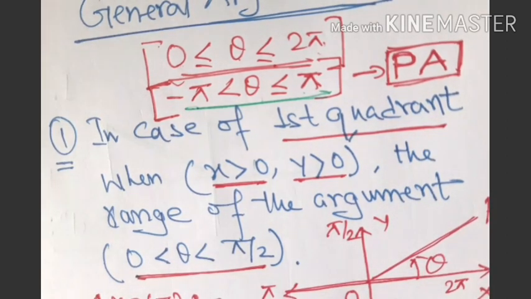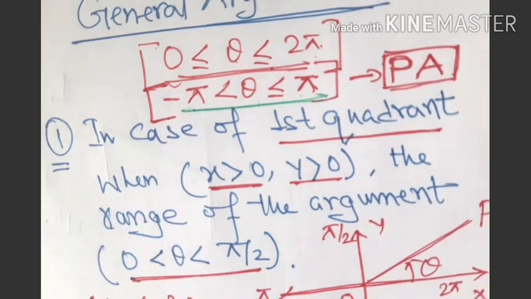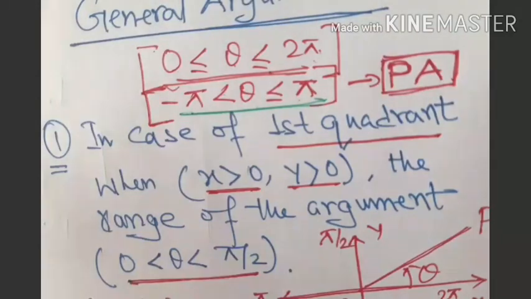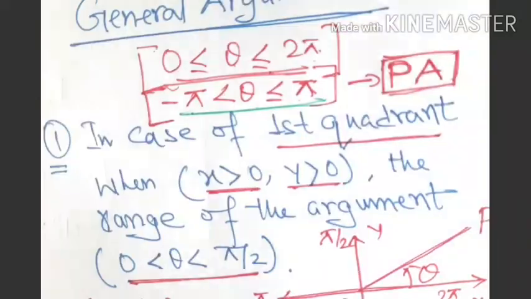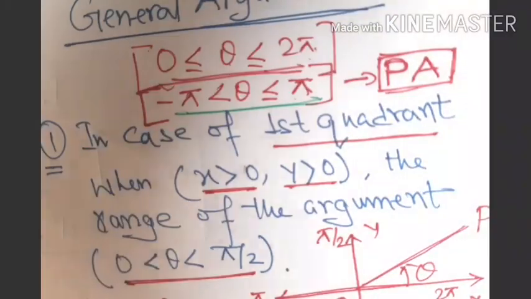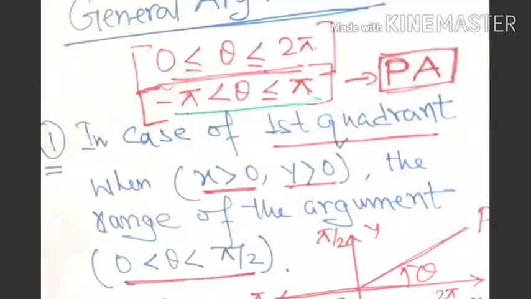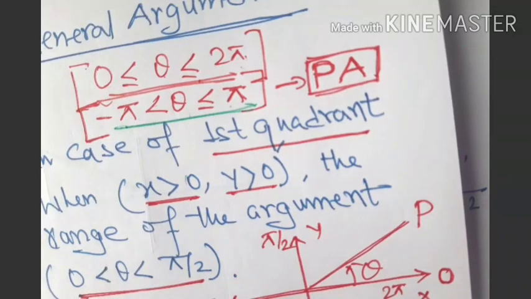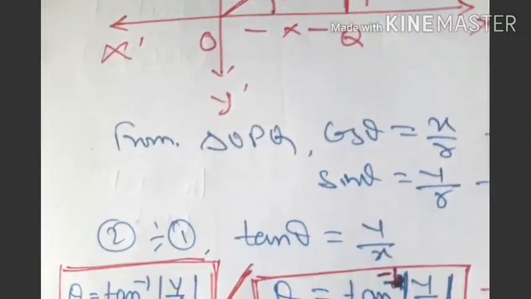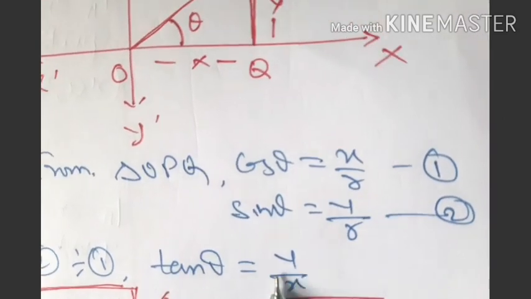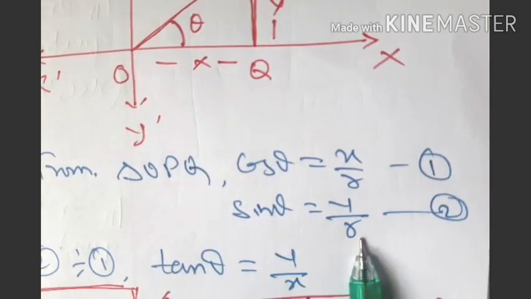So now how to determine the value of theta, that we'll learn now. I'm going to explain it. Here you can see I've already got the value of cos theta and sin theta.